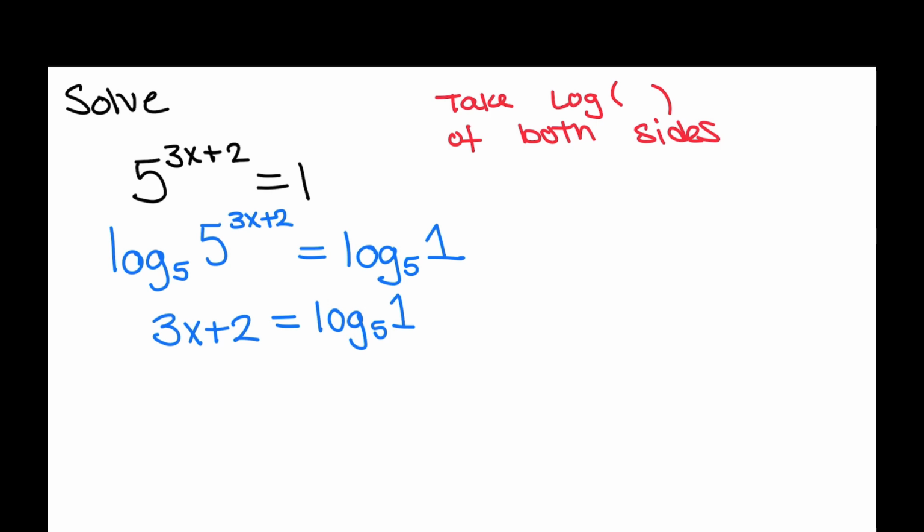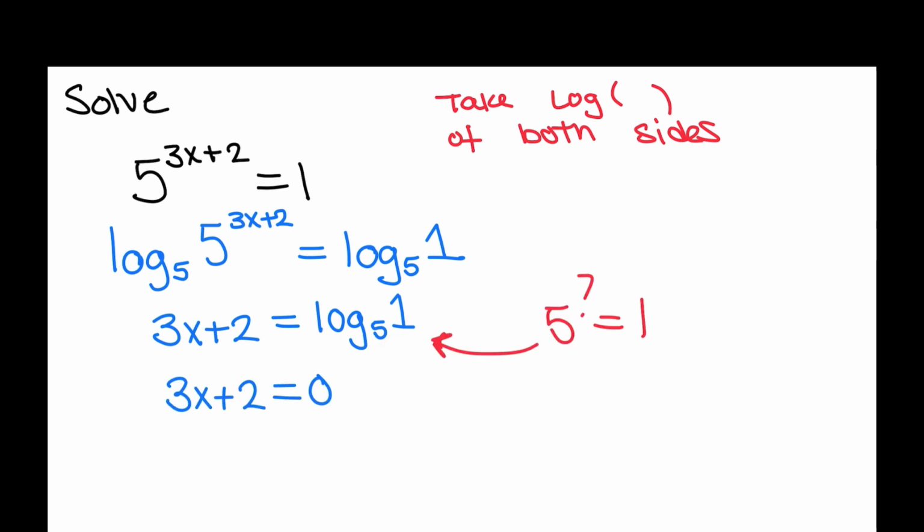On the left-hand side, these are inverse operations, and we're just going to be left with the 3x plus 2. You can kind of think of the log and the 5 canceling each other out. I guess they're not really canceling, but they're inverse operations, so they're undoing each other, and we're just left with that 3x plus 2 equals log base 5 of 1.